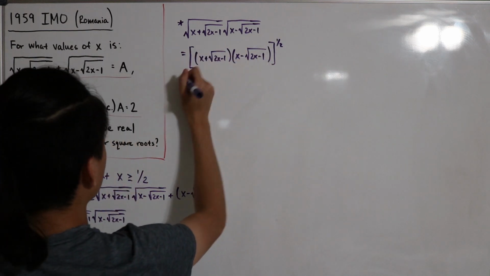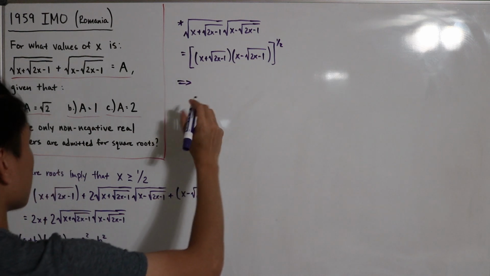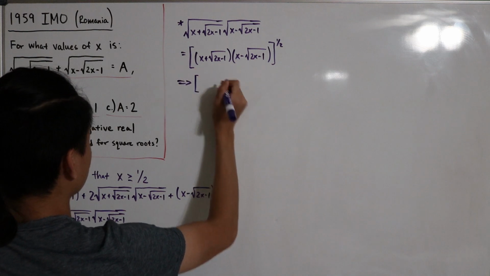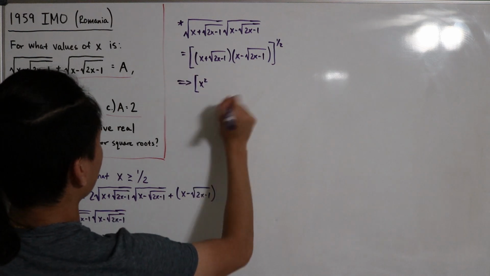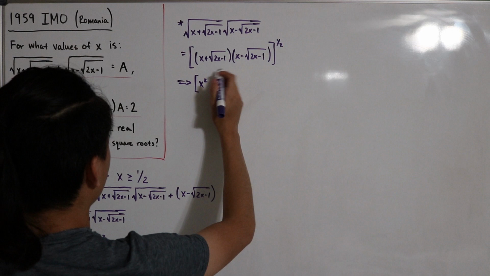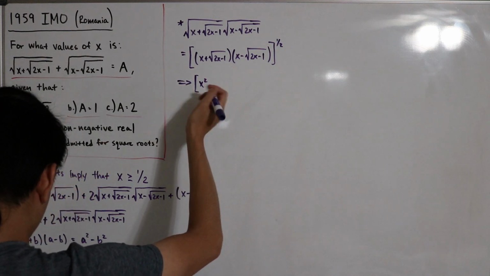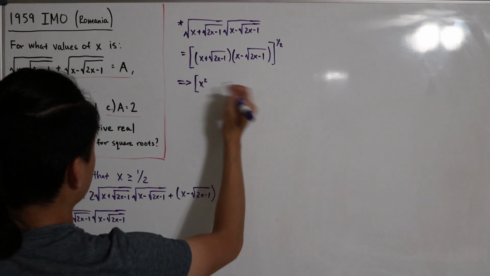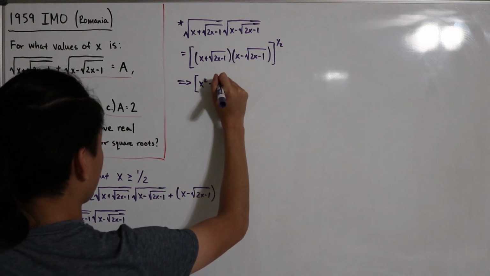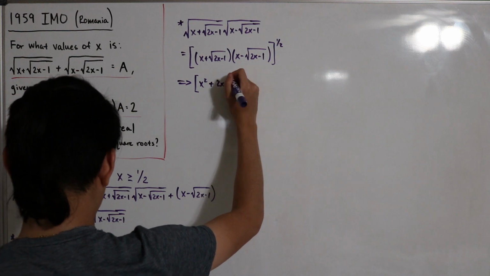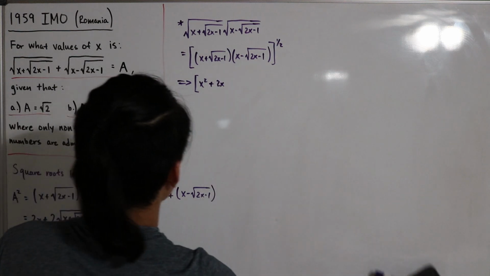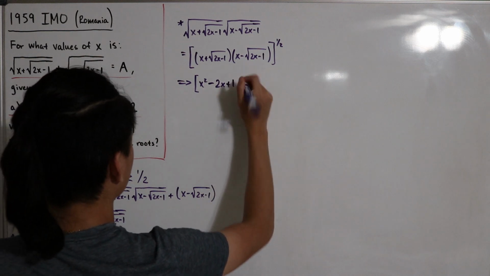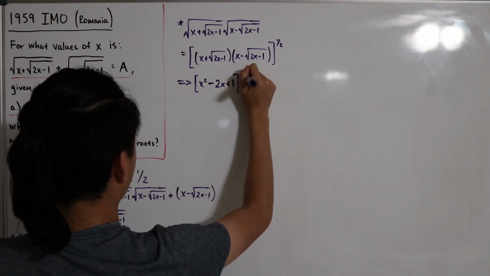We can continue simplifying by using the FOIL method, so this will just be x squared, then minus x times the square root, plus the same term, so that'll just cancel each other out. And now the square roots times square roots, that'll be 2x minus 1, so we're just left with minus 2x and then plus 1, and then to the power 1/2. That's supposed to be a minus over here.